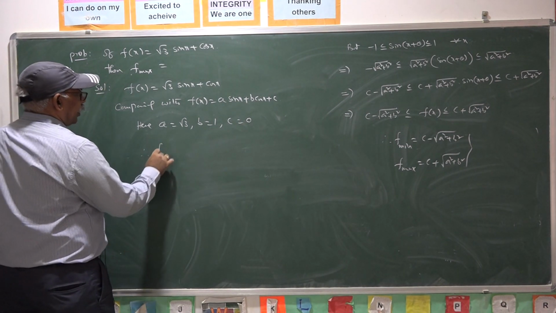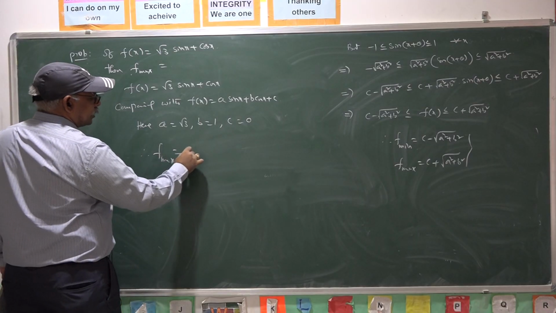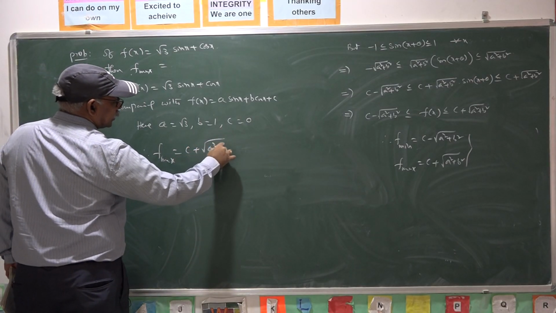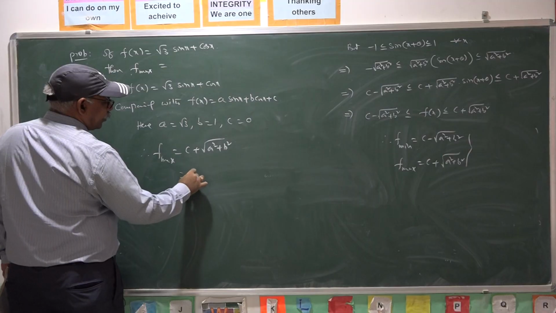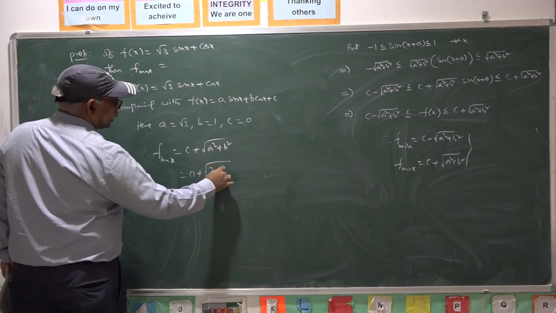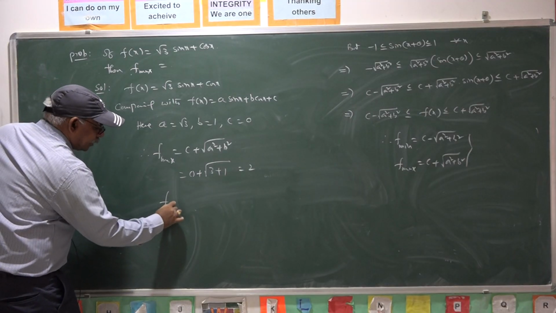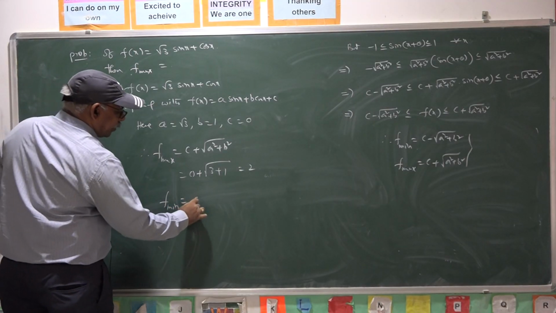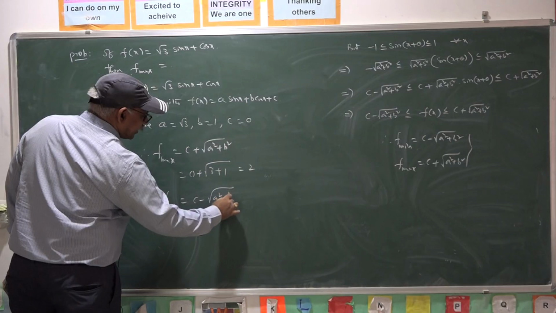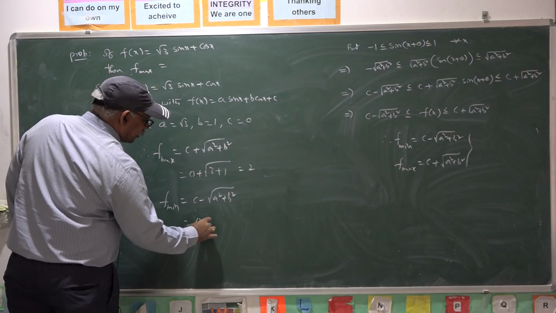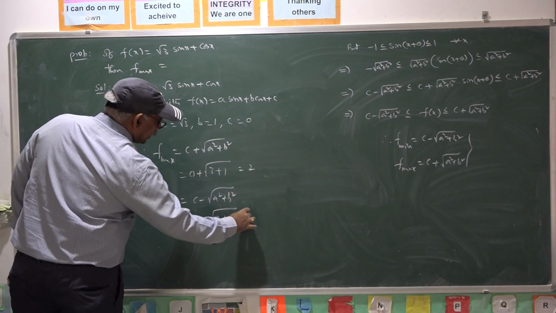Therefore, f maximum is c plus root over a square plus b square. C is 0 plus root over 3 plus 1, which is 2. In case of f minimum is c minus root over a square plus b square, that is 0 minus square root of 3 plus 1, that is minus 2.